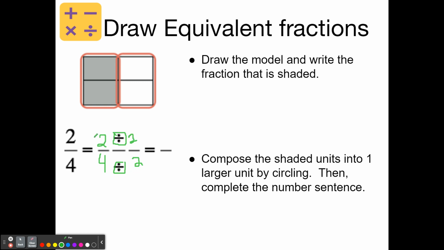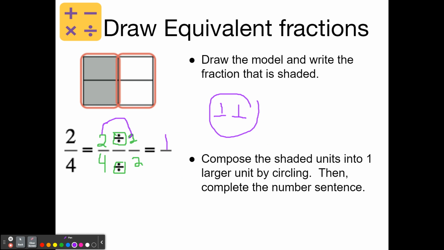2 goes into 2 evenly, 2 goes into 4 evenly, so this works. Anything divided by itself equals 1 because I have 2 groups of 2. 2 goes into 2 exactly 1 time. If we have 2 seats and we have 2 people, that's 1 group.